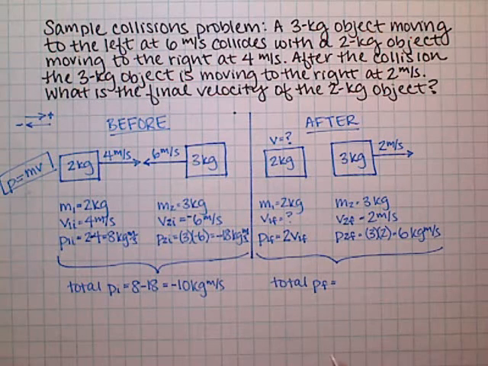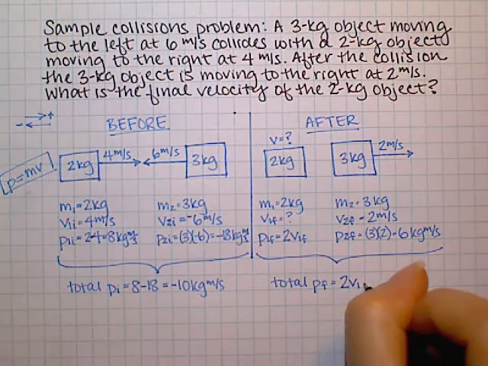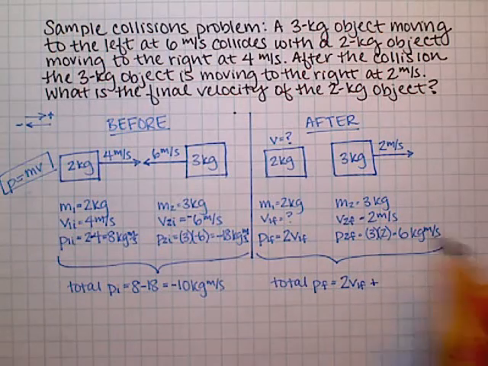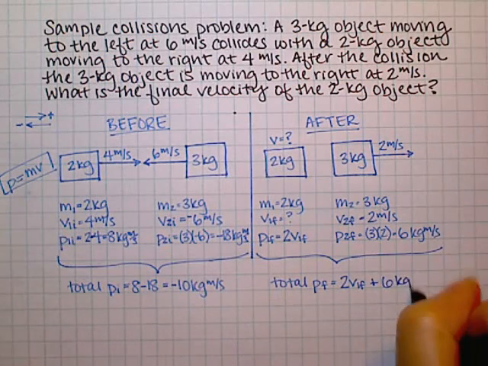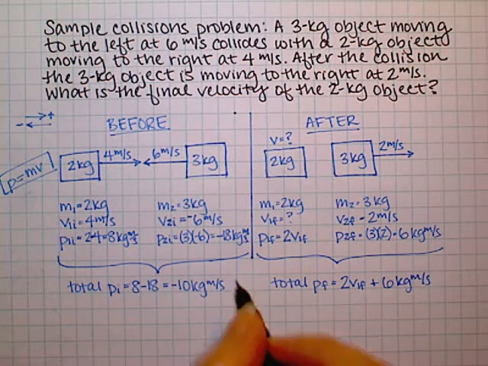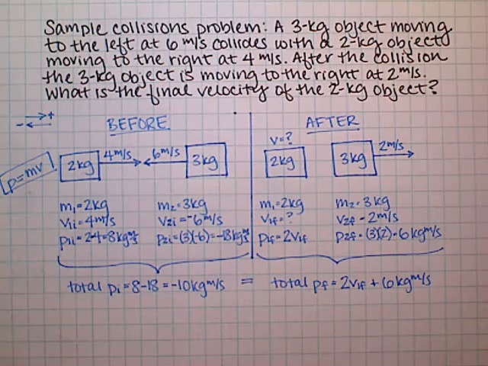For now I'll use that as my placeholder, and eventually I'll solve for it using the magic of algebra. So that's 2 times the final velocity of my first object plus the 6 kilogram meters per second that the second object is providing. All right, so I've got all of that. These two sums have to be equal to each other.